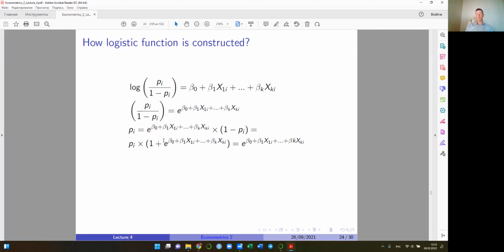We factor p out. Finally, we have the following thing, and now we can express p here. So the last step is just to divide both numerator and denominator by e to the power of this linear function, which is here, and this is the familiar logistic CDF that we have introduced 2 slides before.